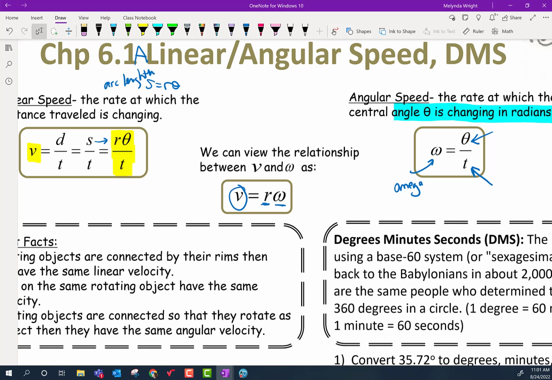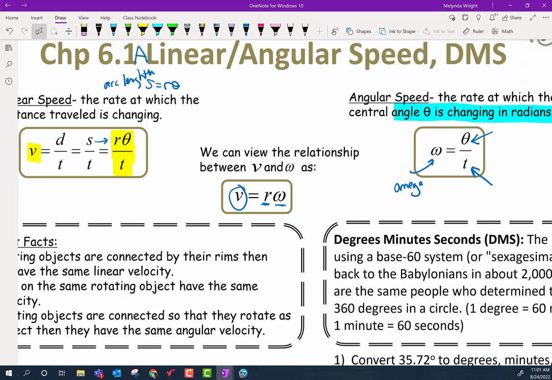It doesn't matter where you are on the object, you're still going to accumulate the same amount of angle measure. Does that make sense? So that's the difference between them. That is the only difference, the radius. In linear speed, the radius has a huge impact on how fast you're going to go. But in angular speed, it makes no difference what the radius is. It's simply adding up the number of angle measures you've gone through. Okay, so that's the difference.